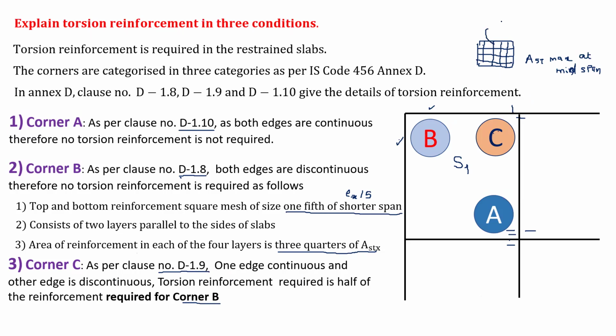Only the spacing becomes half: spacing in C equals half of spacing in B. Remaining things are the same. So these are the torsional reinforcements which we have to provide in restrained slabs.